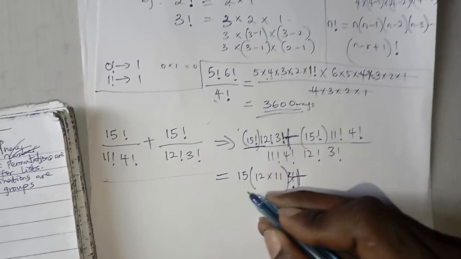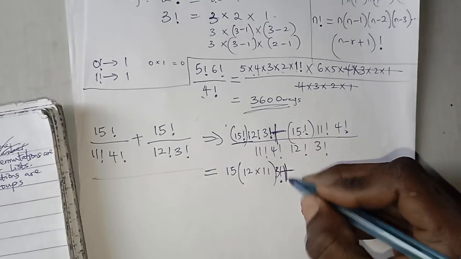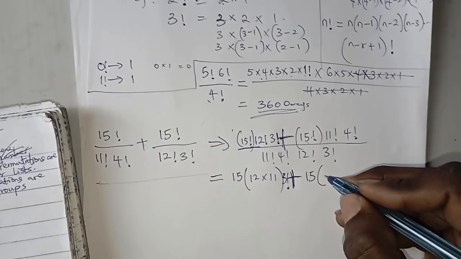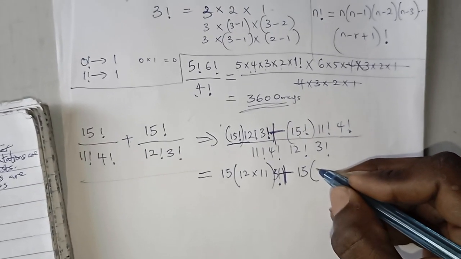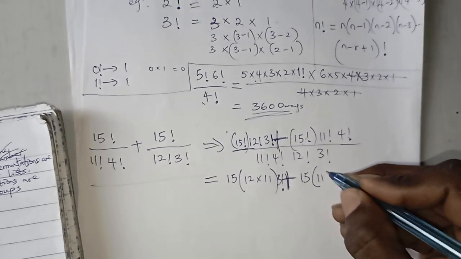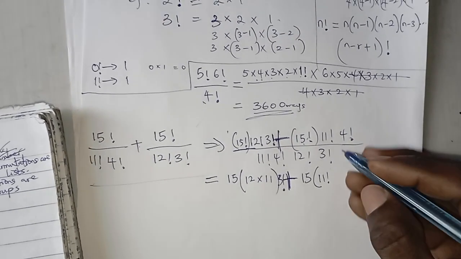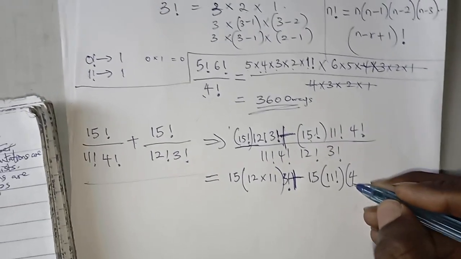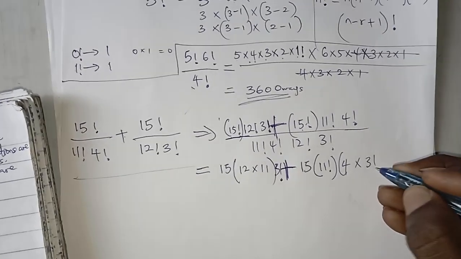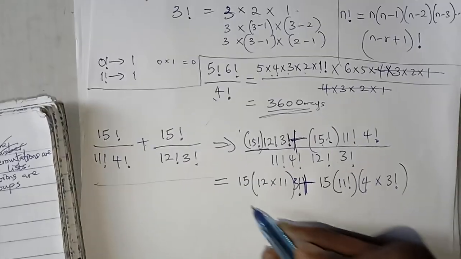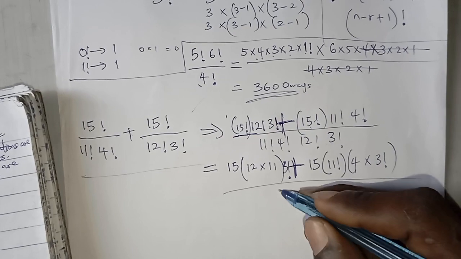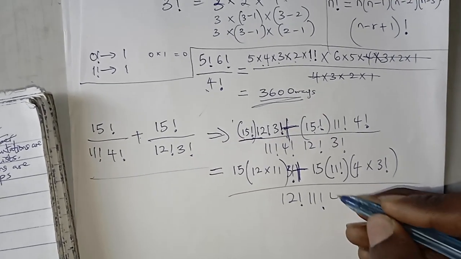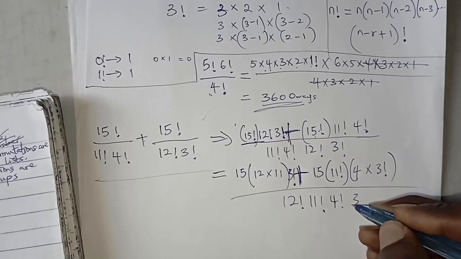So plus, if you don't want to do it this way, you can do it by going through all the hassle. So I now have 15 into 11 factorial into 4 times 3 factorial, all over 12 factorial, 11 factorial, 4 factorial, 3 factorial.